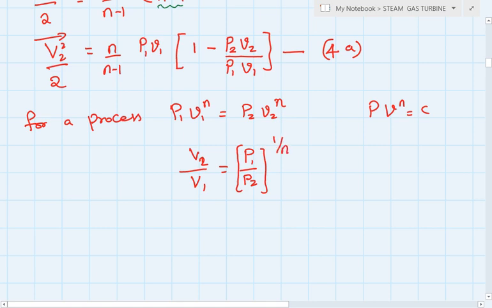We just took specific volume on one side and pressures on the other side, with the polytropic index.